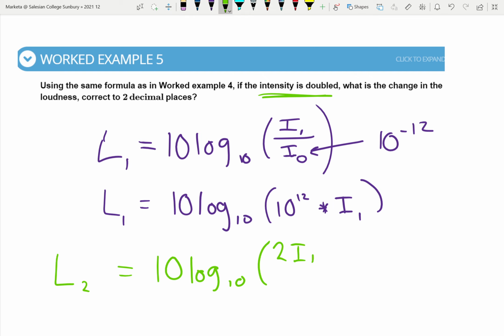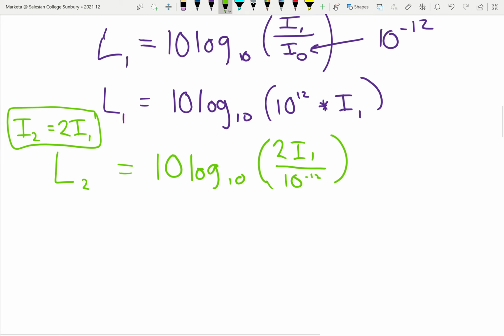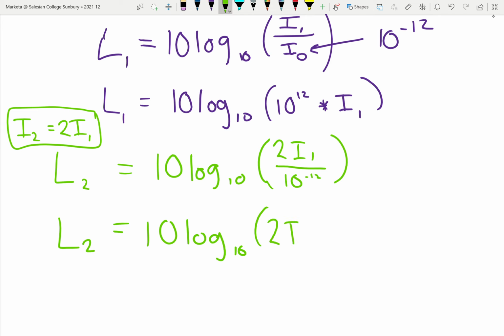So really I probably should have written I2 equals 2 times I1. And so that's why I've written that there, and then that's over 10 to the negative 12. So my equation for L2 will be 10 log 10 of 2 I1 times 10 to the 12.